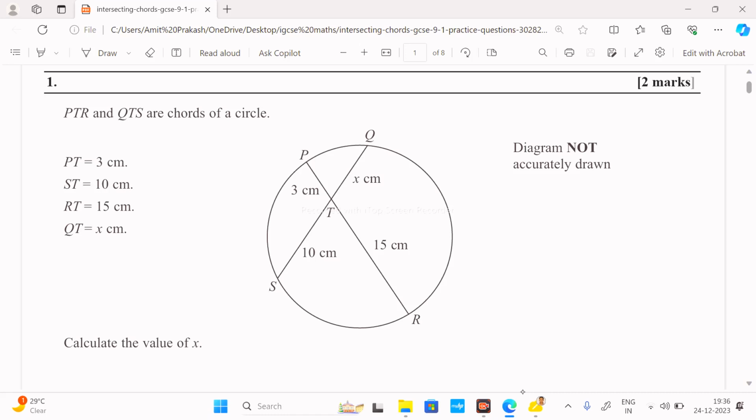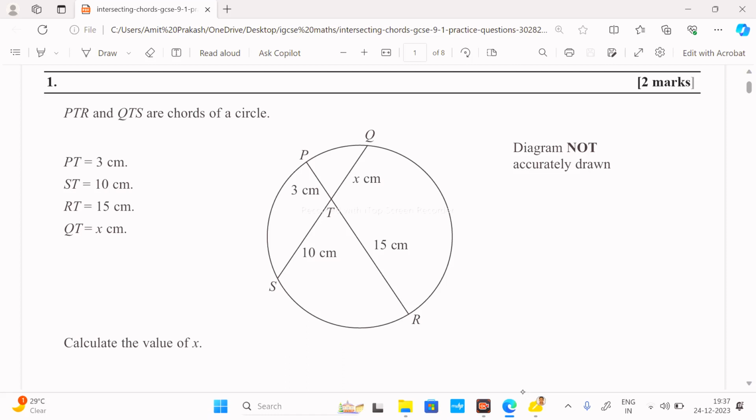So we use the chord intersecting theorem. The segments of chord QS are QT and TS, and the segments of chord PR are PT and TR.